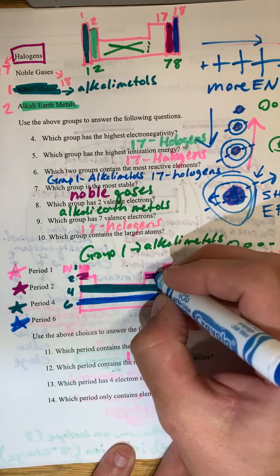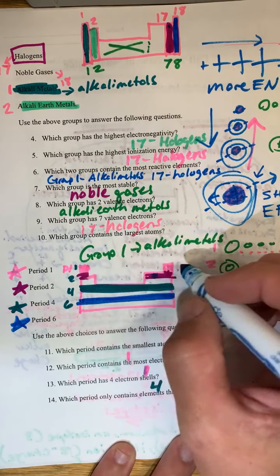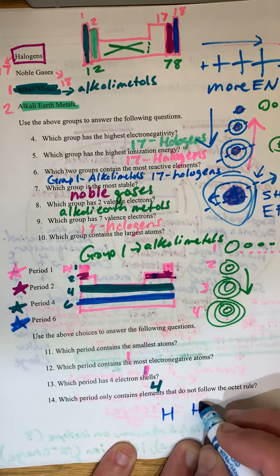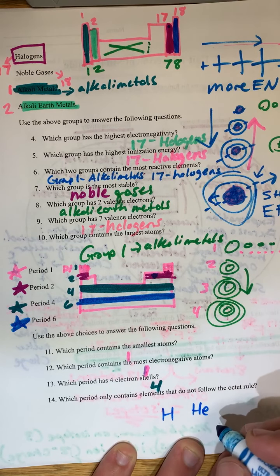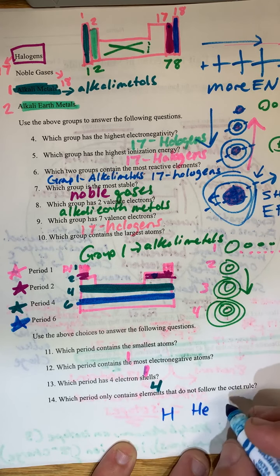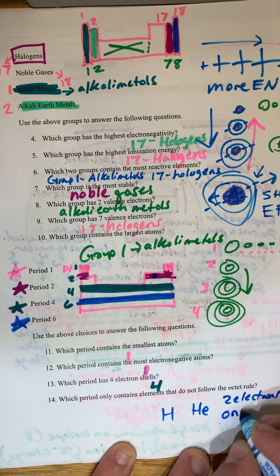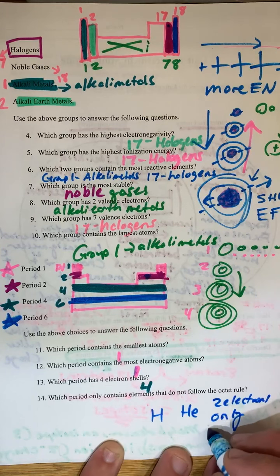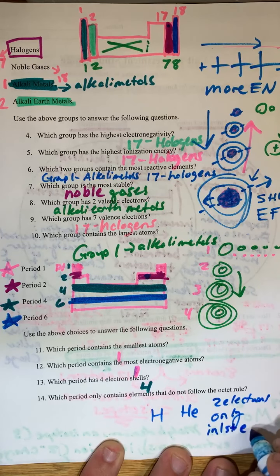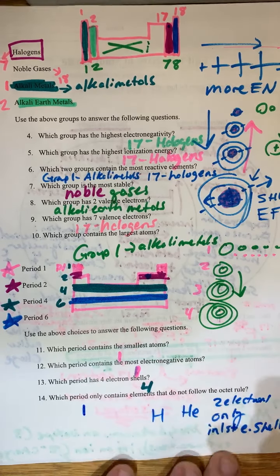Right about there is boron, but period 1 only has hydrogen and helium, and they only want 2 because the first electron shell can only hold 2 electrons. So it would have to be 1.